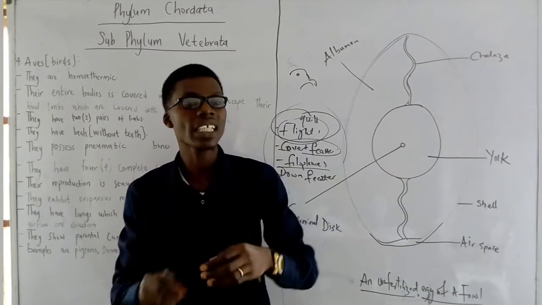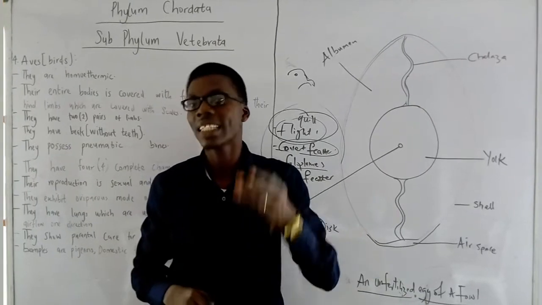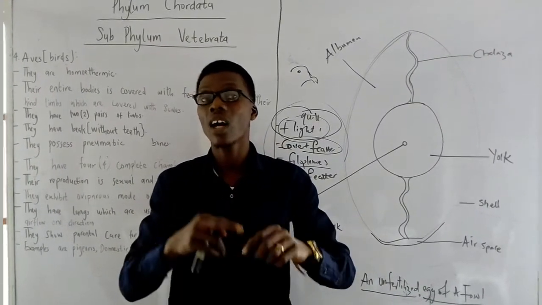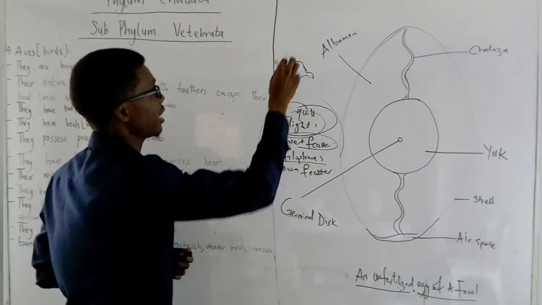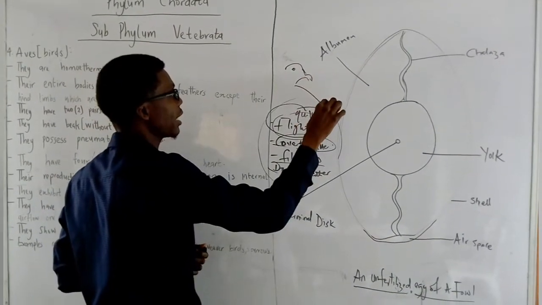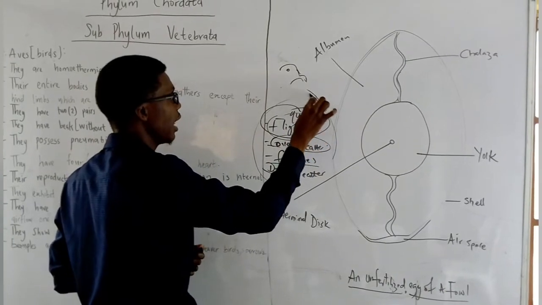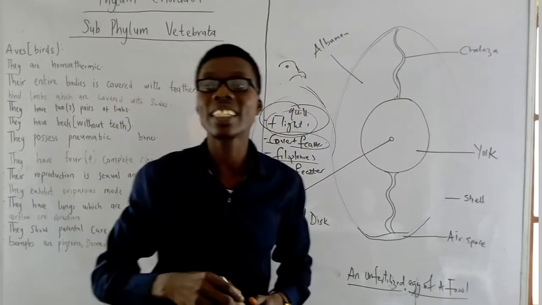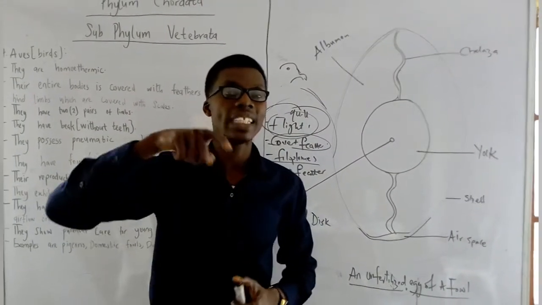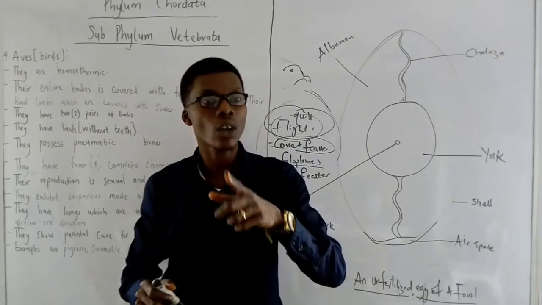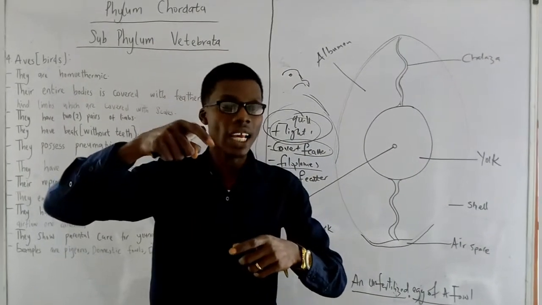Alright, then when you see a long narrow beak, let's say a long coiled narrow beak, I wish I could draw it. Some birds use it for feeding on what? Nectar. So a long narrow beak that is coiled or bent.